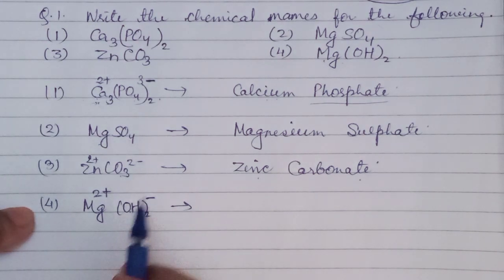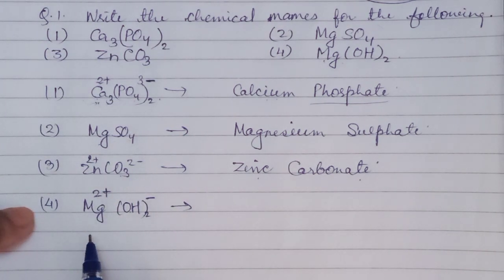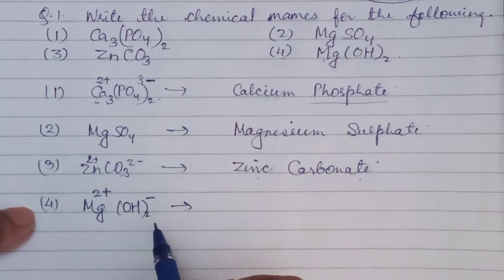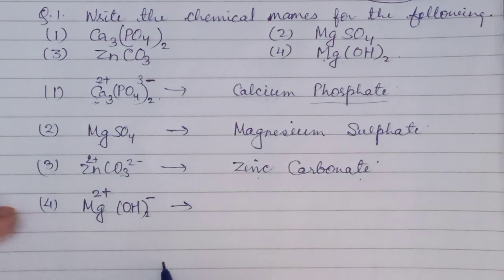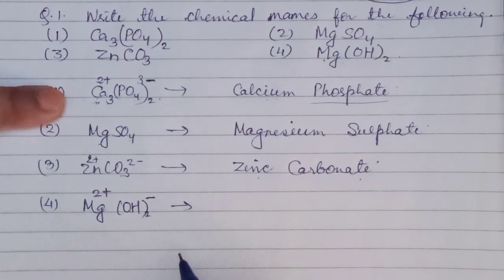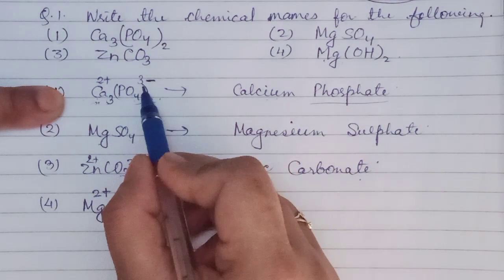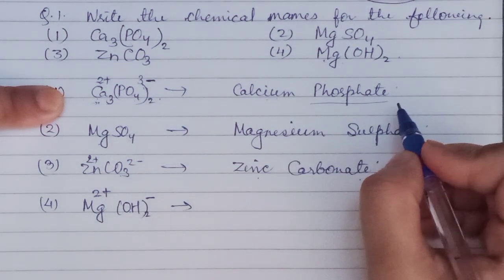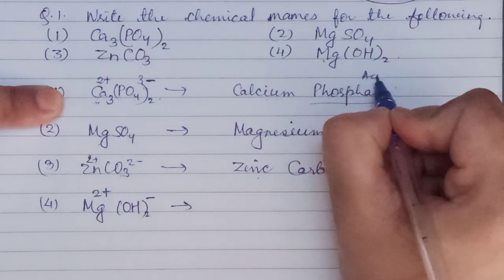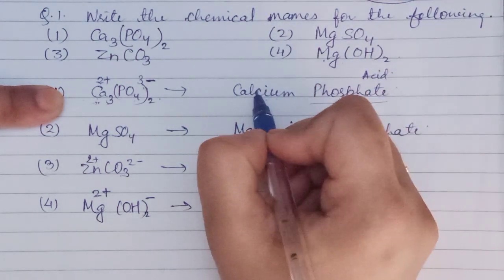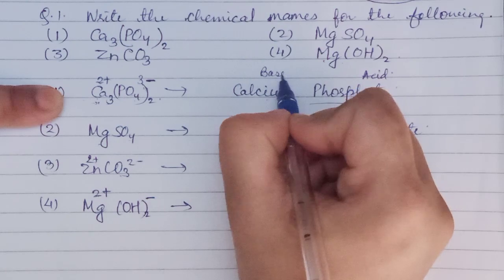First thing you have to do is identify the acidic and basic radical. Now children, you will not use positive and negative ion, you have to use acid and basic radical. So acid radical is negative. Phosphate is the acidic radical and calcium is basic.